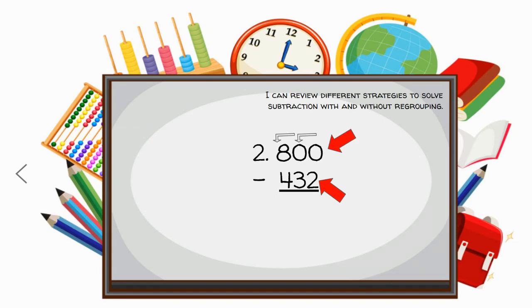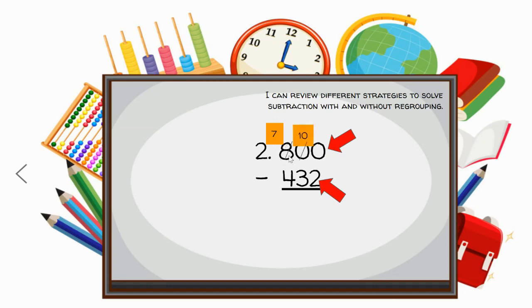I need to go to my other neighbor. Good job. But let's see how this works. Now, I'm going to mark my friend in the hundreds place. I'm going to mark it out, and he's going to give me 1 to the tens position. So I'm going to have 7. Great.